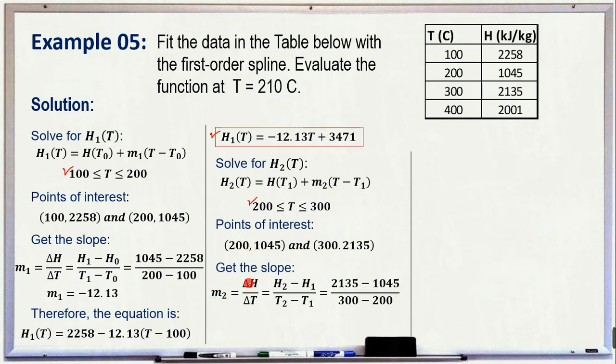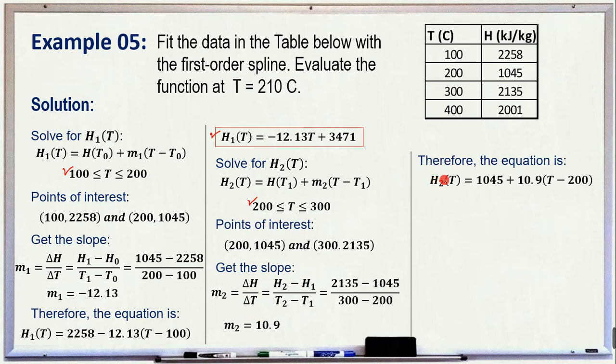Next, solve for the slope using this formula. m2 is equal to the change in enthalpy over the change in the temperature. So next is substitute the values for the enthalpies for points 1 and 2 as well as the temperatures. And you will arrive at a slope equal to 10.9. Next, you're going to substitute the values of your slope and your enthalpies and temperatures.